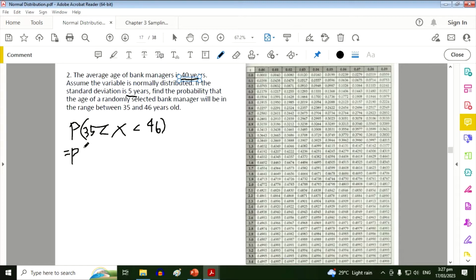So again, we will convert this to z. On the left side, we have 35 minus 40 over the standard deviation 5. And on the right side, we have 46 minus 40 over 5.